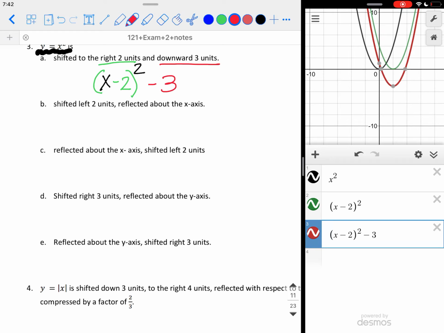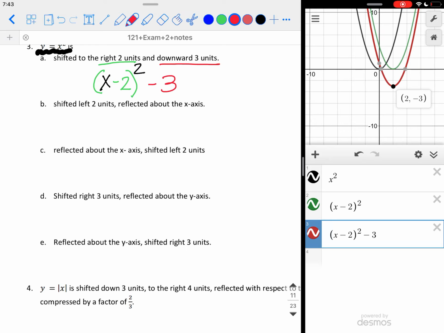So the one in black is the parent. This is the first transformation that we did, moving it 2 units to the right. And then the last transformation is going from the green graph, again still in utero, moving it 3 units down to have our kid. So we are confident that that one is correct.